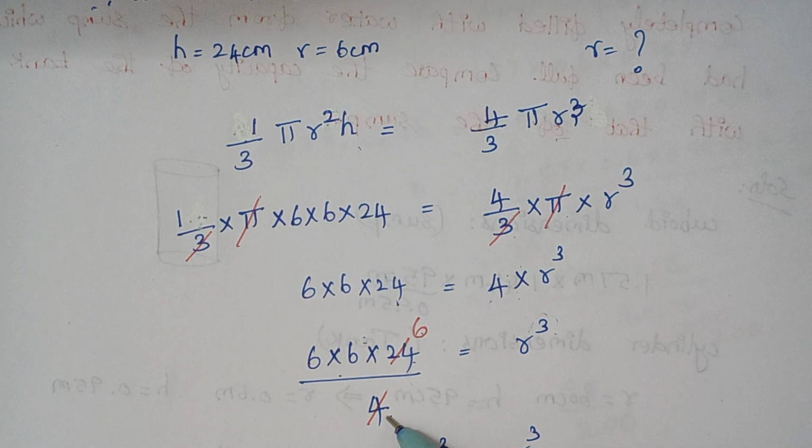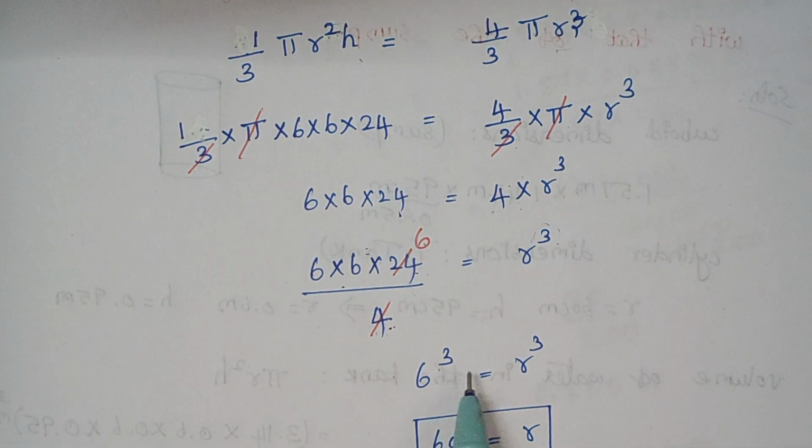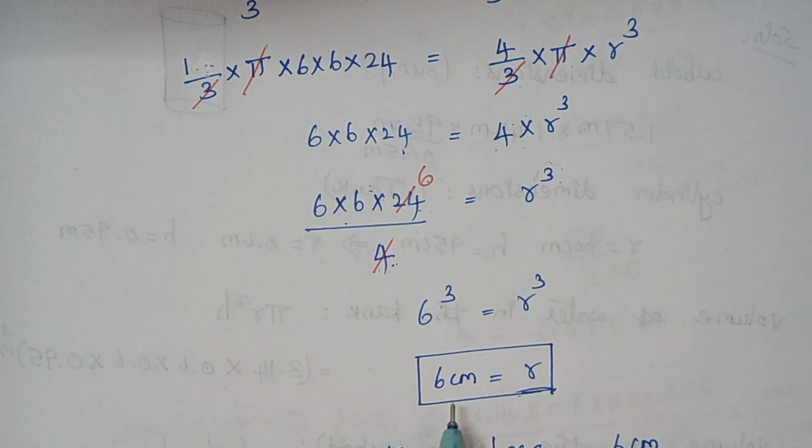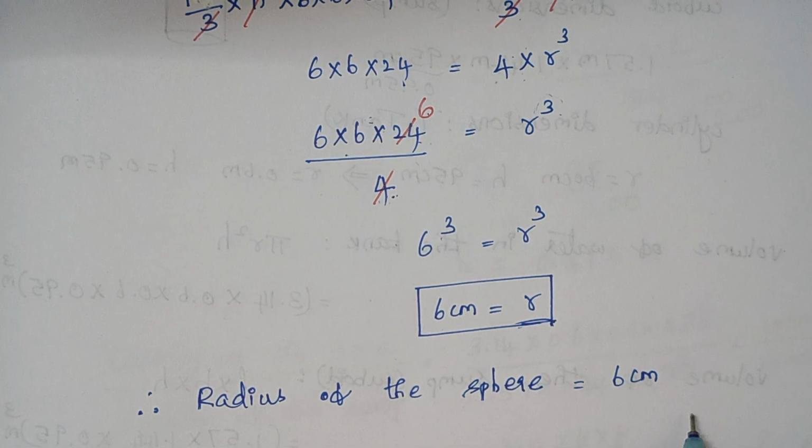Better cancel these two terms so that it will make your calculation easier. 4 and 24 cancel by 6. Now we have 6 into 6 into 6, which is 6 cube. So 6 cube is equal to r cube. Therefore r is equal to 6 centimeter. Therefore the radius of the sphere is 6 centimeters.